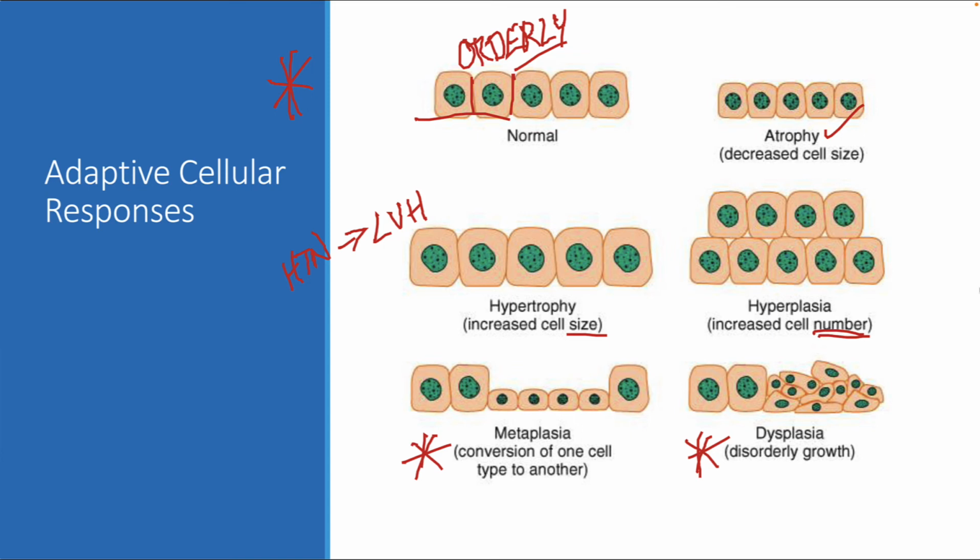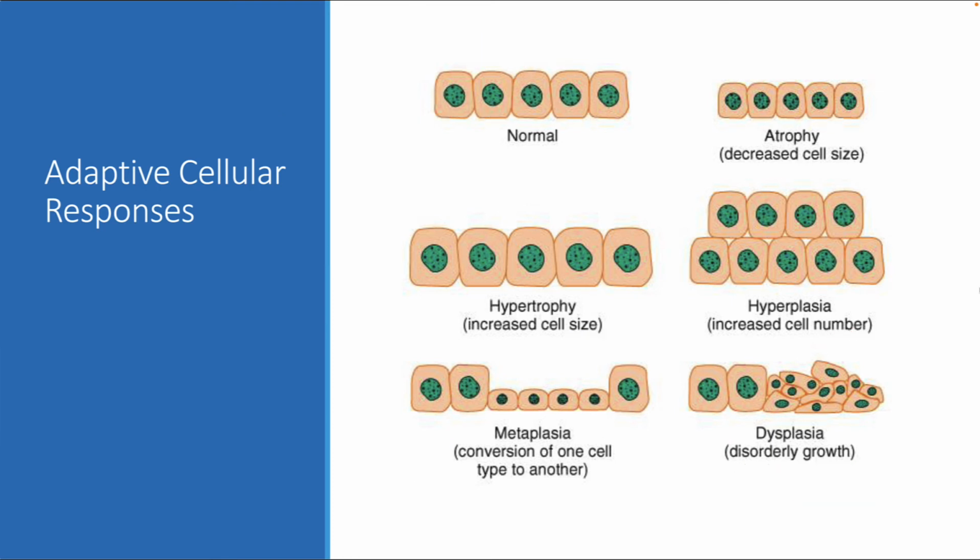And that metaplasia that happens, where we replace one cell type with a different cell type, in this case, the stratified epithelial cells are replaced by goblet cells. That metaplasia is a precancerous lesion. And then, of course, dysplasia is disorderly growth, and that is cancer.